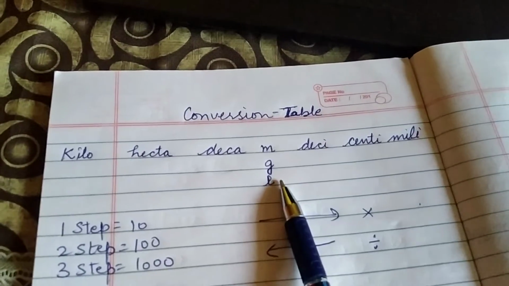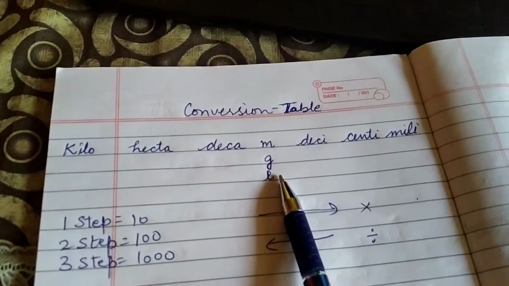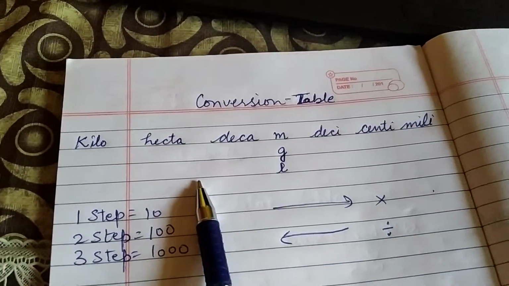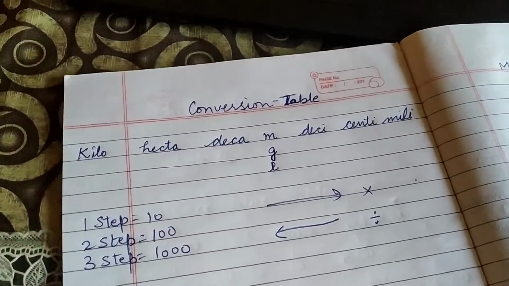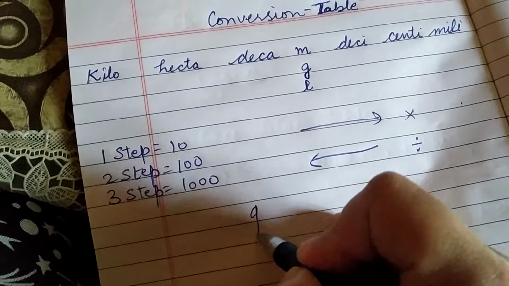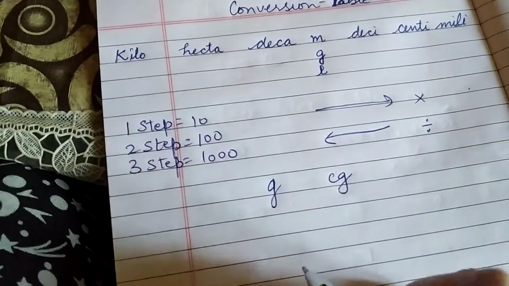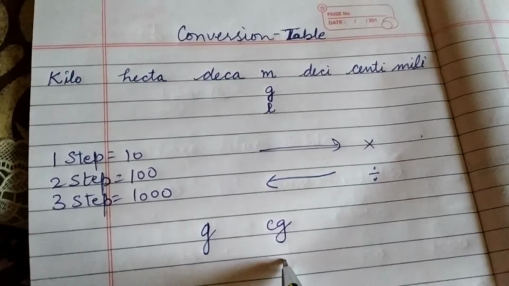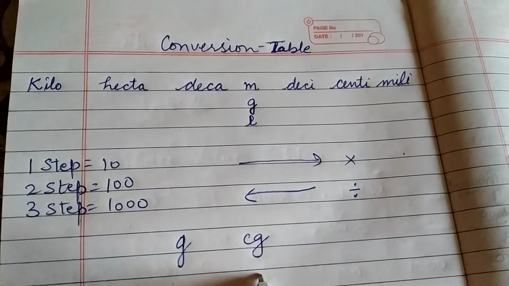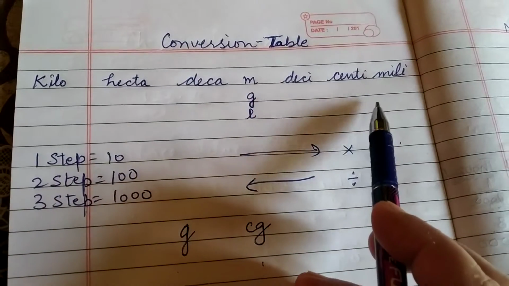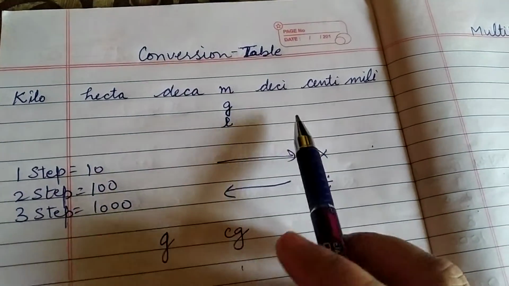So when you have to convert, you have to see whether you are moving to the right side or to the left side. What does it mean? If I have to change grams into centigrams, it means I am moving from this point to the right side.